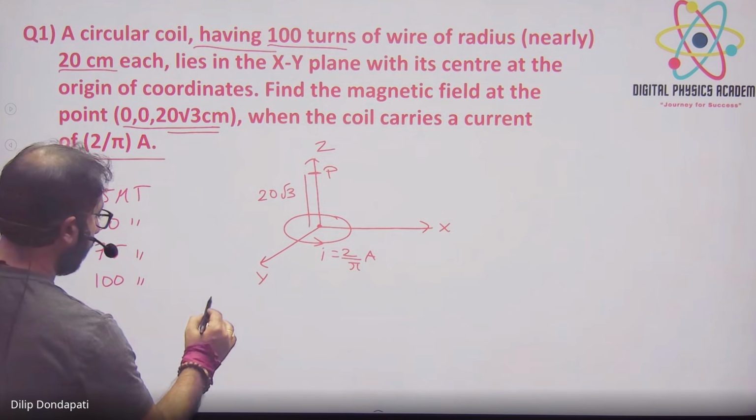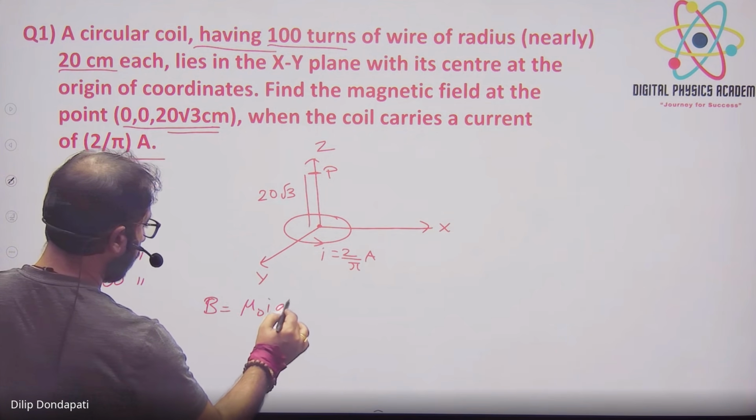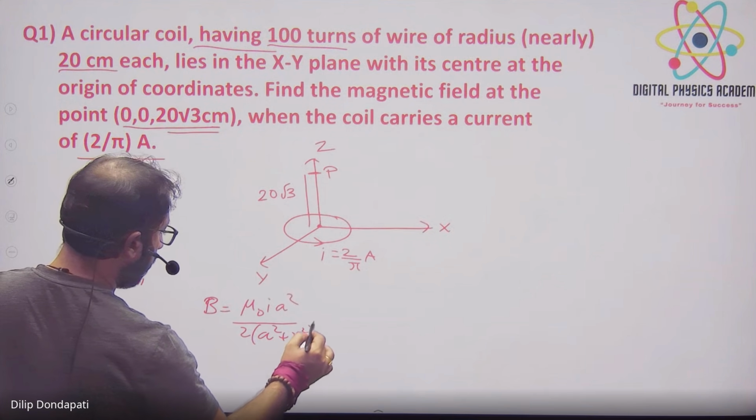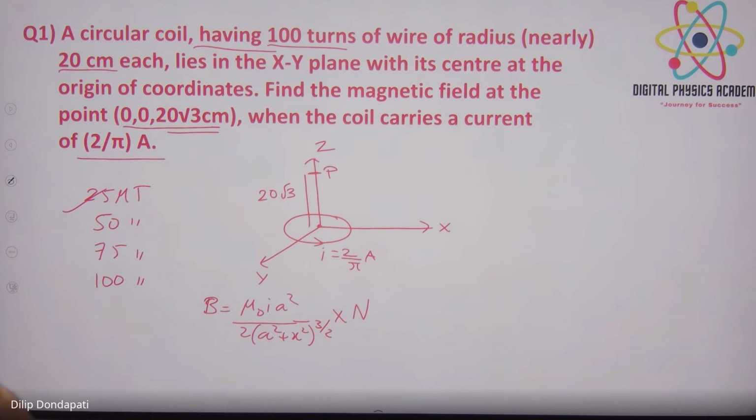Formula मालूम है ना? Magnetic field mu naught I a square by 2 times of a square plus x square whole power 3 by 2 times n, because number of turns are, all values are given.